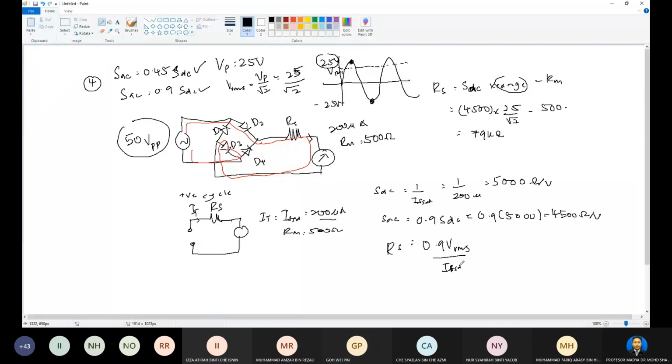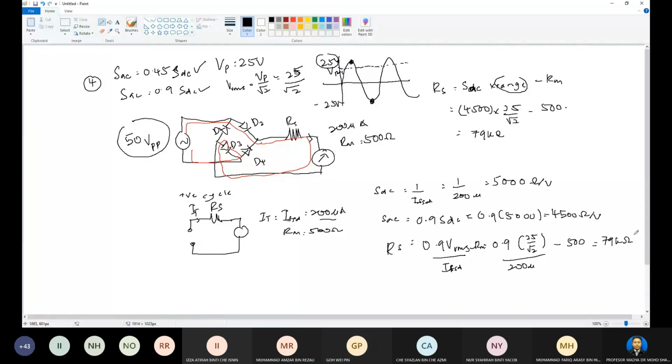So 0.9 multiplied by VRMS, 25 divided by square root of 2, over the full scale deflection of 200 microampere, minus RM, minus 500. This equals 79 kilo ohm. It will be the same answer.